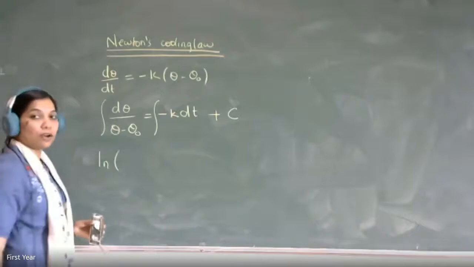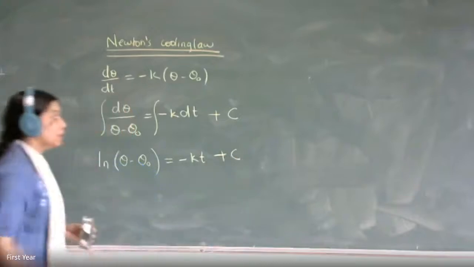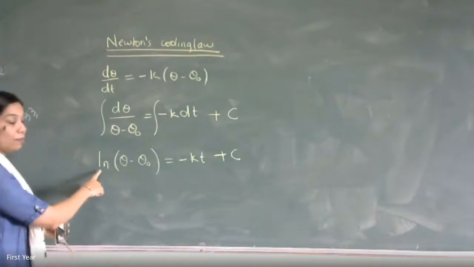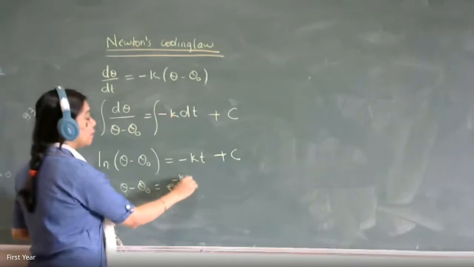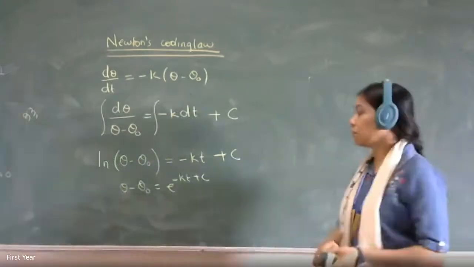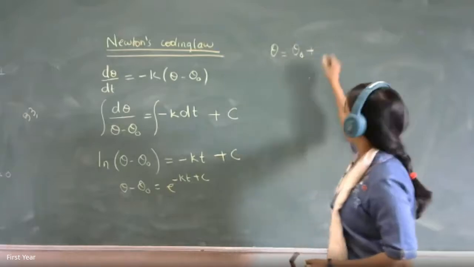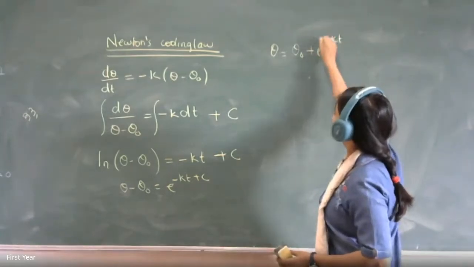The integration of 1 upon theta minus theta naught is log of theta minus theta naught. So log of theta minus theta naught is equal to minus kt plus c. I'll remove this ln, so theta minus theta naught is equal to e raised to minus kt plus c, that is theta is equal to theta naught plus e raised to minus kt into e raised to c.